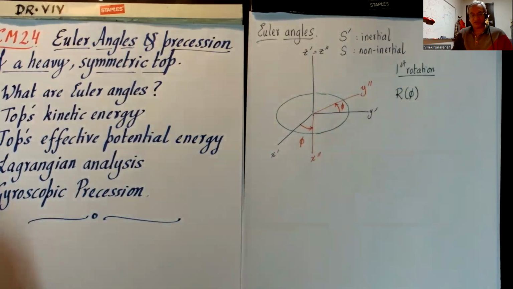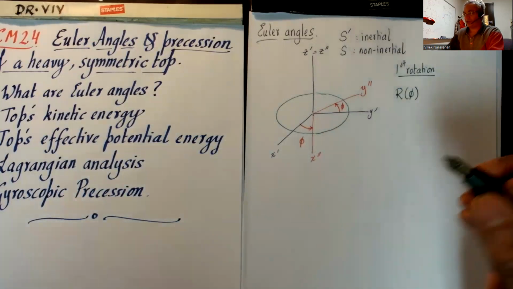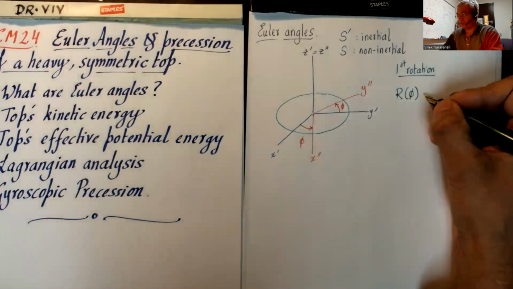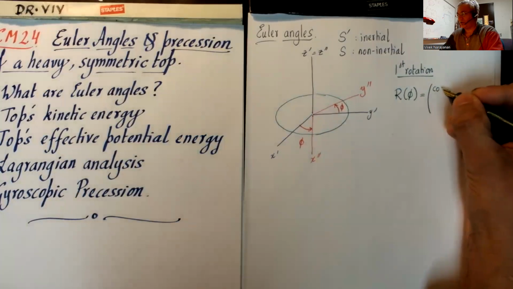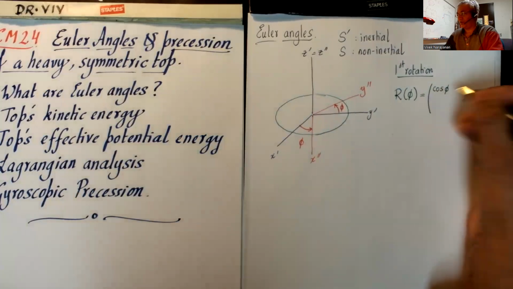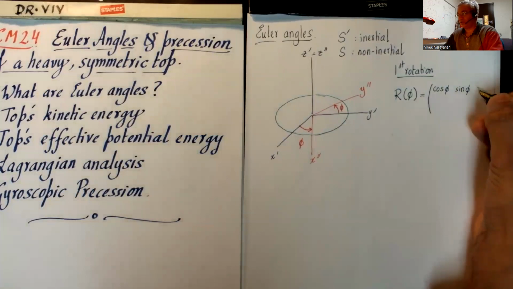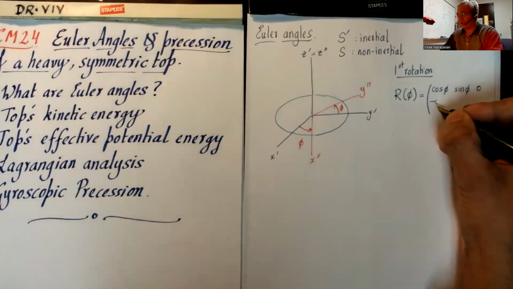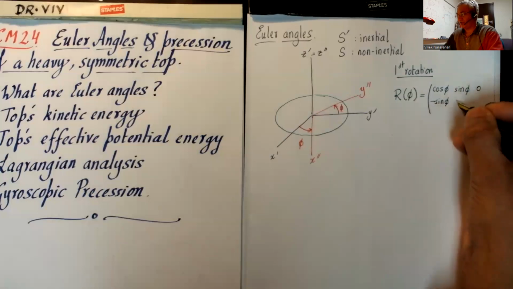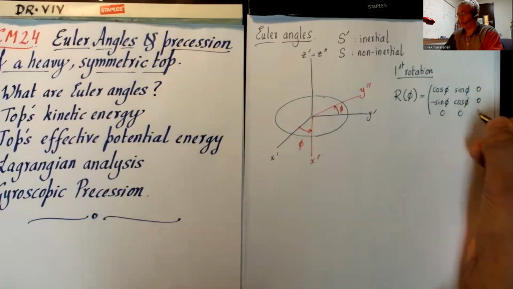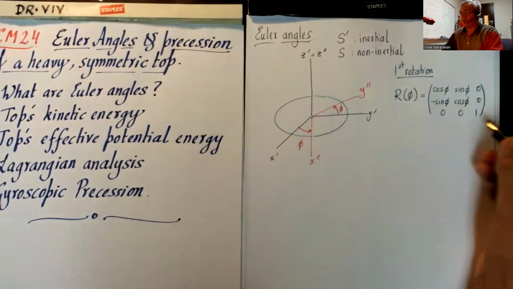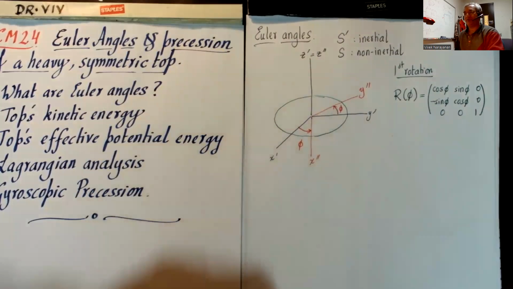So that's the first rotation. And this rotation can be described in the form of a matrix because I'm rotating about the z-axis. The z-coordinate remains invariant. So I can write this as cosine phi, sine phi, 0, negative sine phi, cosine phi, 0, 0, 0, 1. That describes the z-axis being fixed.